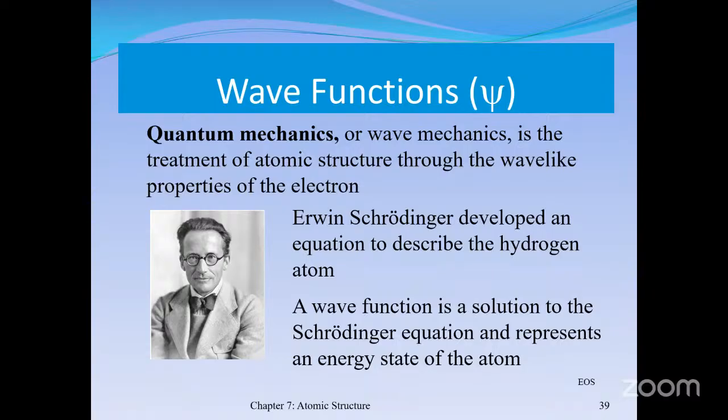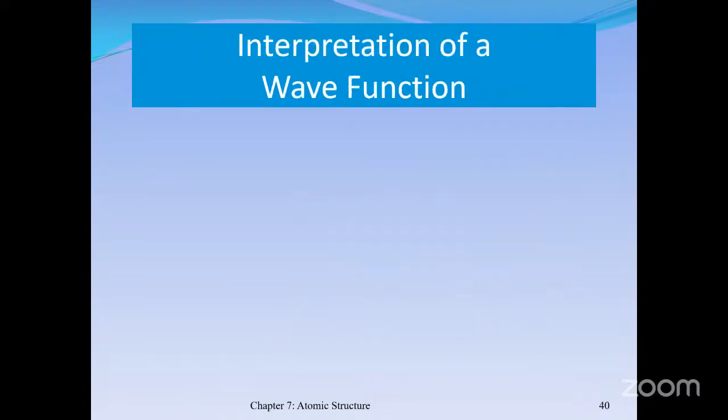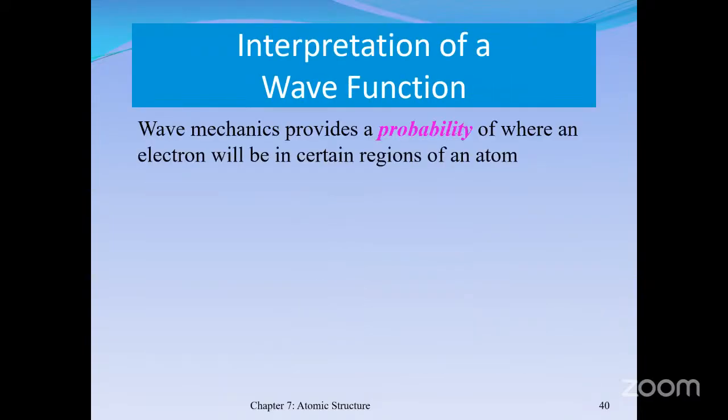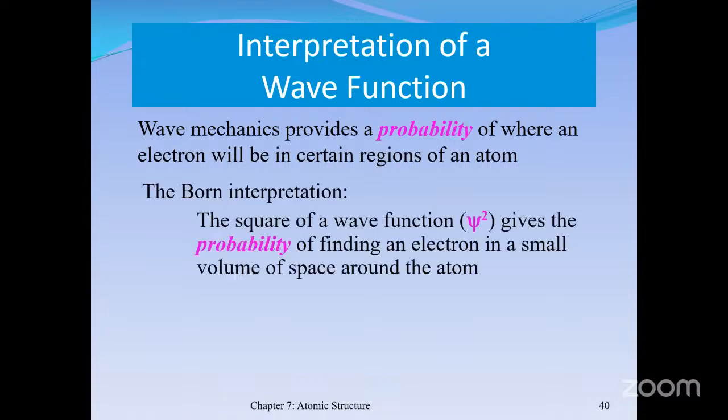So basically, a solution, which is a wave function of the Schrodinger equation, represents the state of the atom and especially the state of particular electrons in an atom, right? How do we interpret the wave function? Well, the wave function, when squared, gives the probability of finding an electron within a small volume of space around the atom. And we call this small volume of space around the atom where the probability is about 90% or greater.